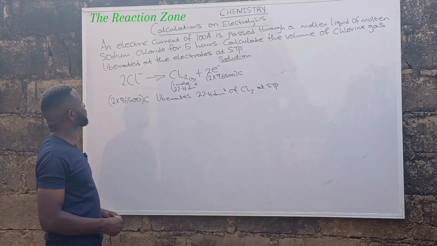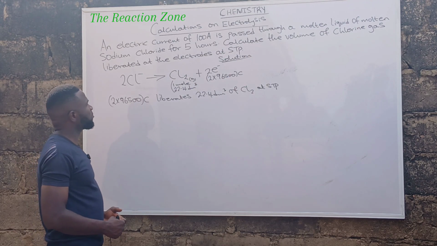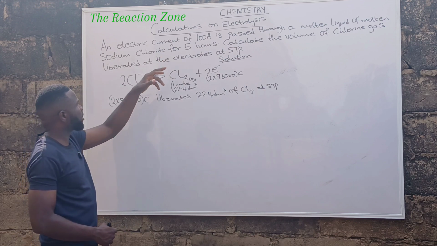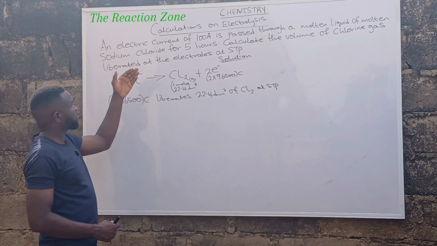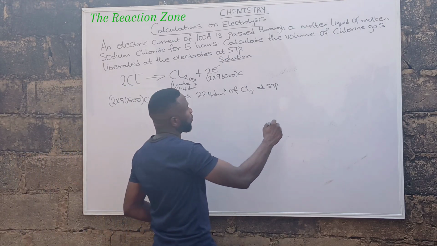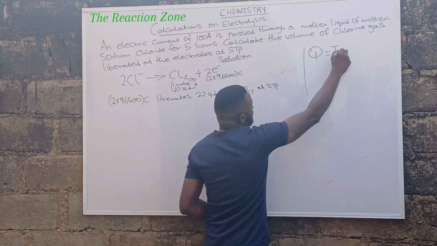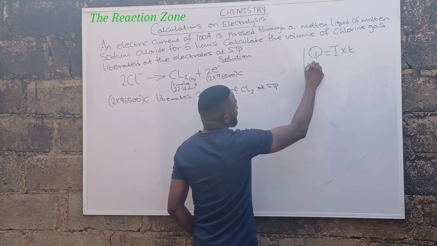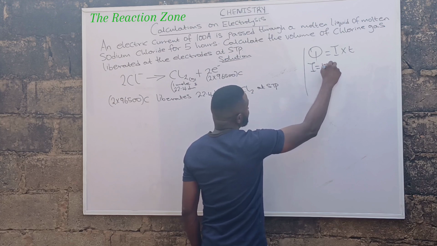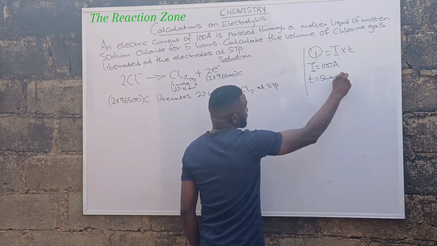Now, the question is telling us to find the volume of chlorine gas liberated at STP if an electric current of 100 amperes is passed for 5 hours. Now, we need to recall that quantity of charge is equal to current times time. Current, according to this question, is 100 amperes, and time is 5 hours, which should be in seconds.